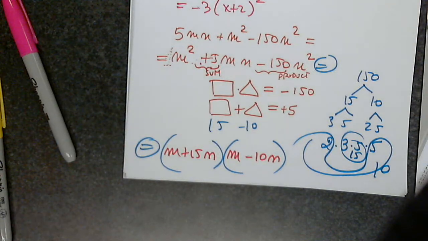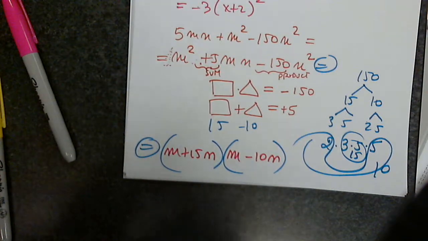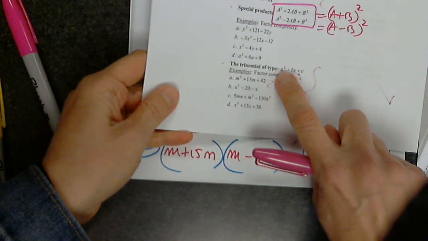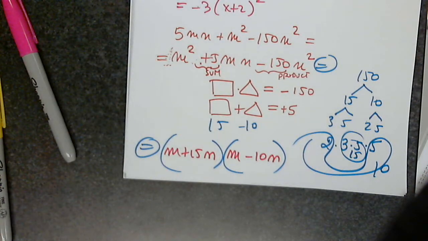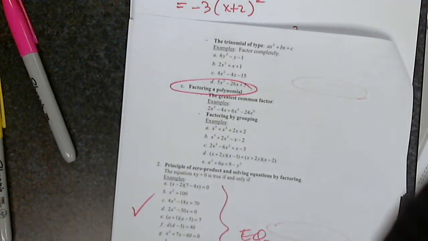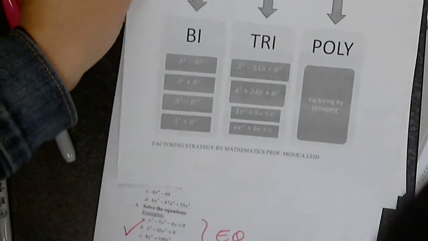So this is when a special product does not work. Like in this case, it does not. So this is this type, when the leading coefficient is 1. And yes, there is one more type. And let's choose one. And this is the most difficult one. So let me show you what we covered here.